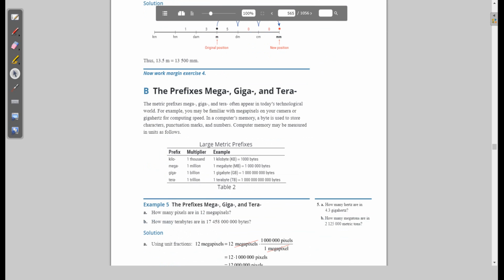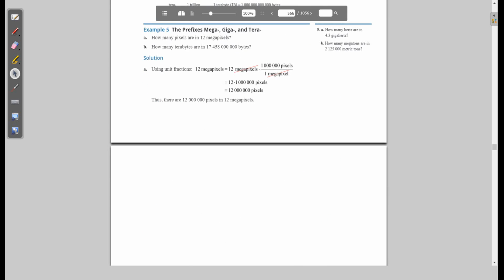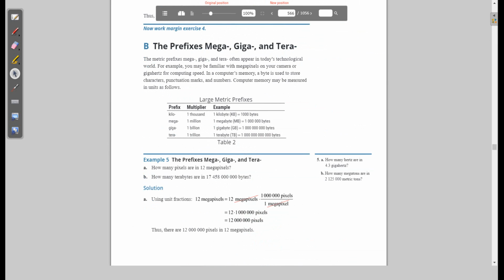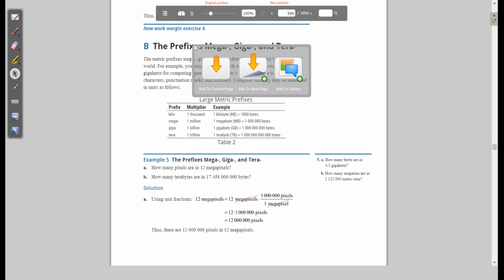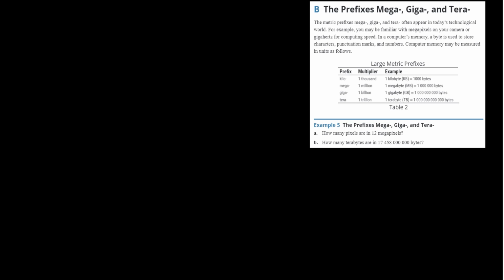Next up, we're going to go big: mega, giga, and tera. I'm sure you've heard of these prefixes, especially if you do anything with computers. And by do anything, I mean not necessarily work on them, but just literally sit at one. You should be familiar with at least mega and giga because you deal with those quite a bit when it comes to computers.